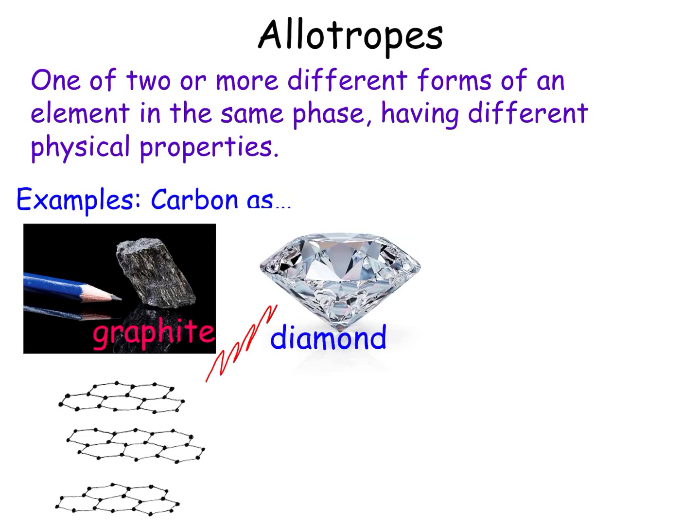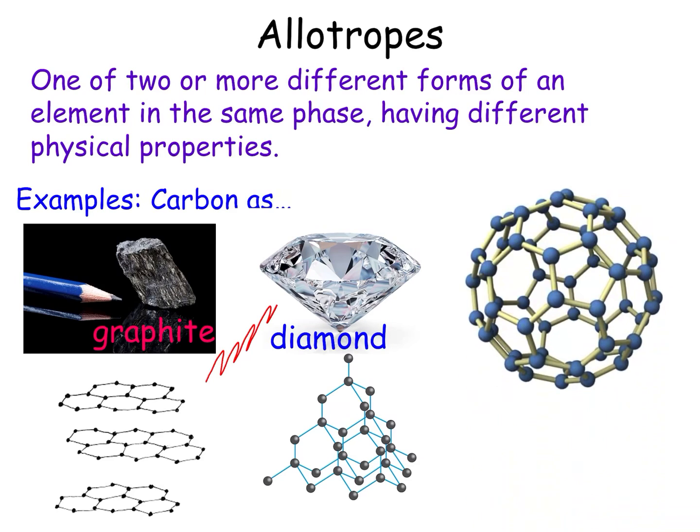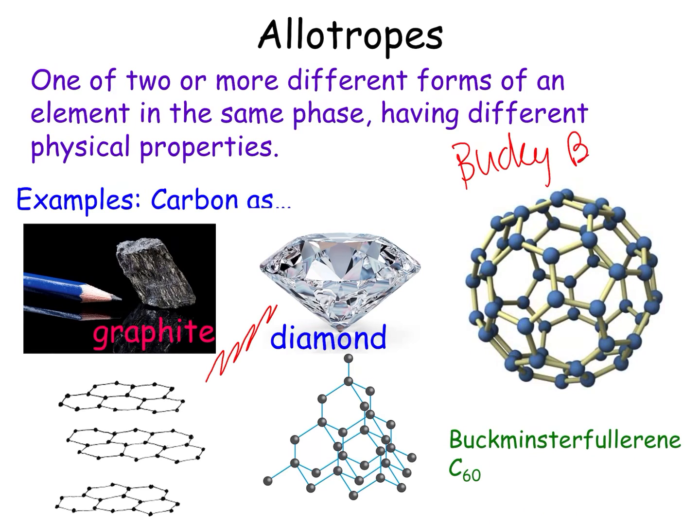Ooh, diamonds. The hardest on the Mohs hardness scale. Look at how the molecules are arranged differently, how they're interconnected. We'll talk later about how they're called network solids. So they're much, much stronger than these loose sheets. And then perhaps you're not familiar with this one. This is called a Buckminster fullerene, sometimes known as a buckyball.